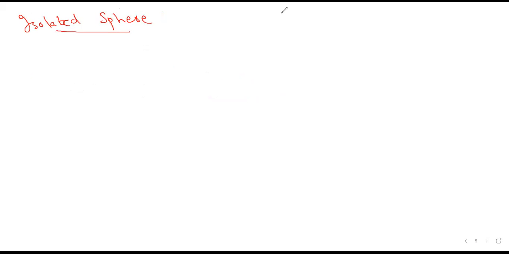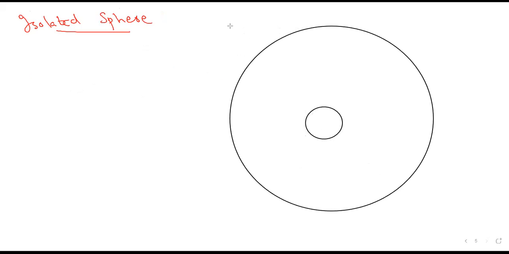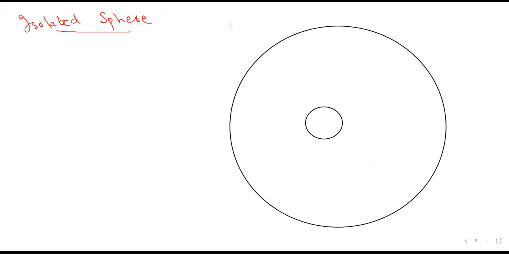An isolated sphere is like a regular sphere. So let me draw this much bigger. So this is the first plate of the capacitor. And now the other plate would be very, very far away from the first plate.